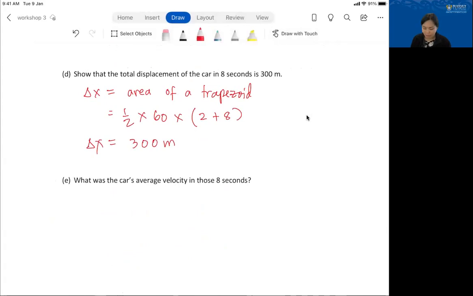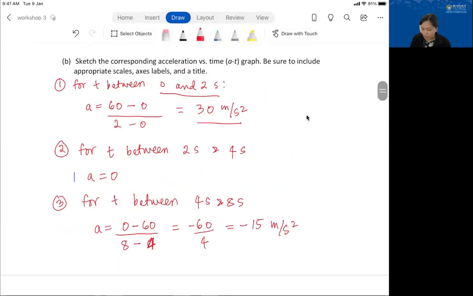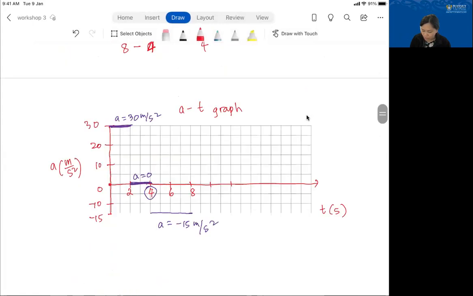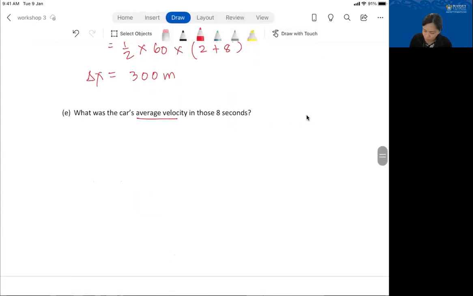Right. And finally, what's the car's average velocity in those 8 seconds? If we're looking at the graph here, average velocity is displacement over time, right? So we need the displacement of the entire trip divided by the time, which we already solved earlier.